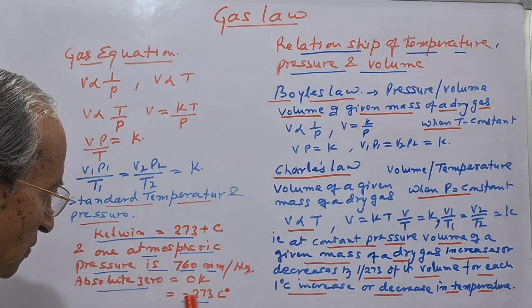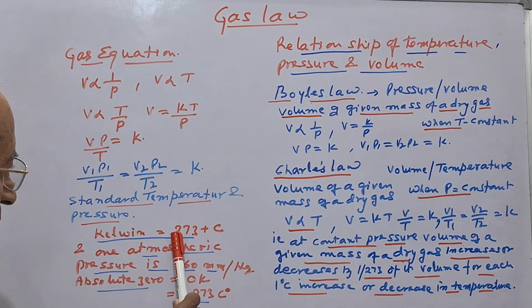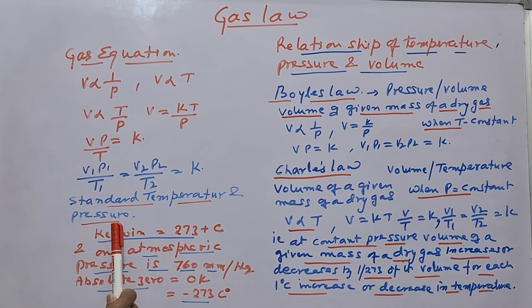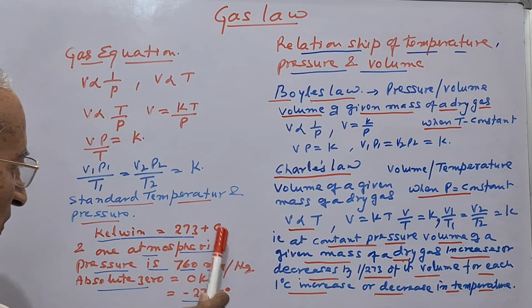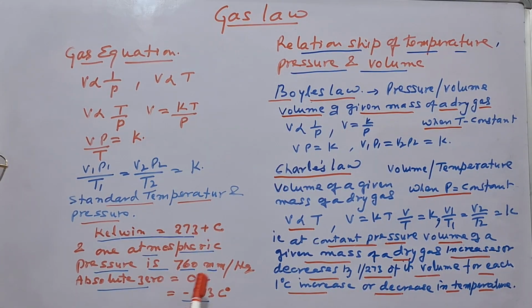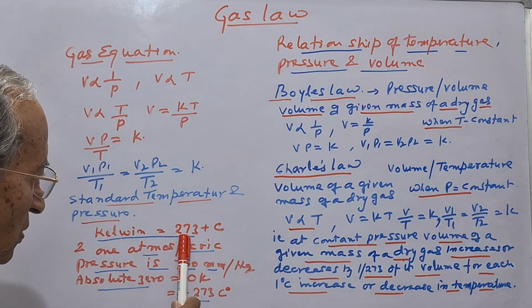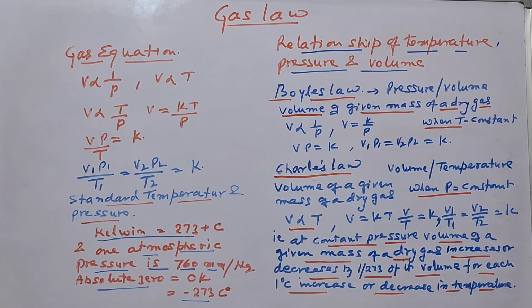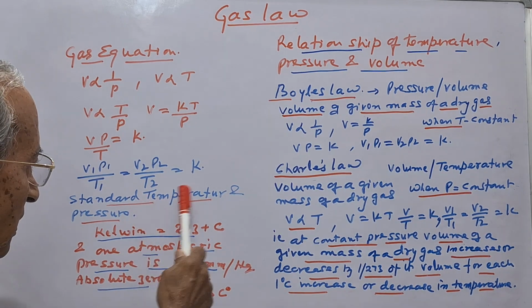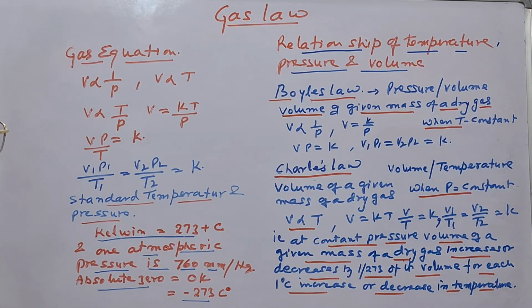If we increase minus 273 to 0, that will be equal to 273. So Kelvin is 273 plus C. Suppose we are doing this experiment at 20 degrees centigrade, then the Kelvin will be 273 plus 20. So all these values are always taken as standard temperature and pressure.